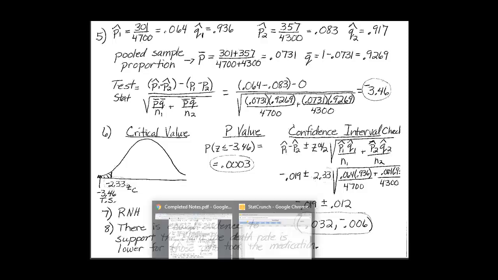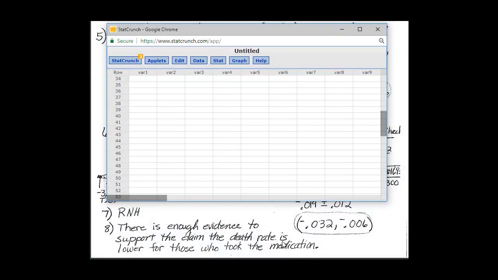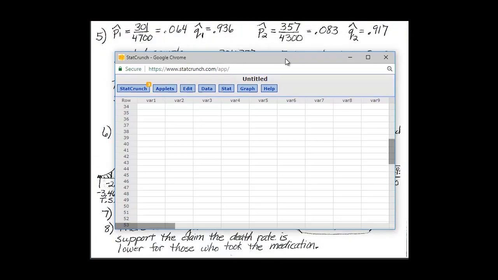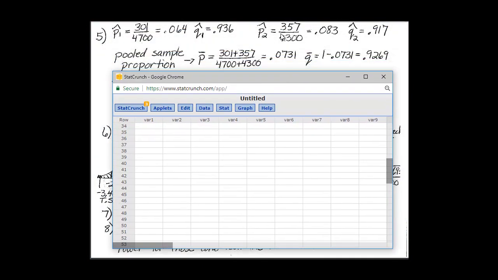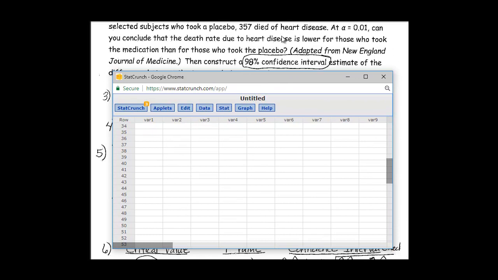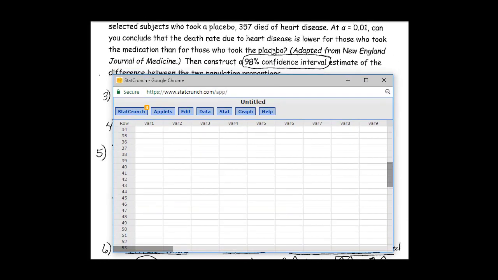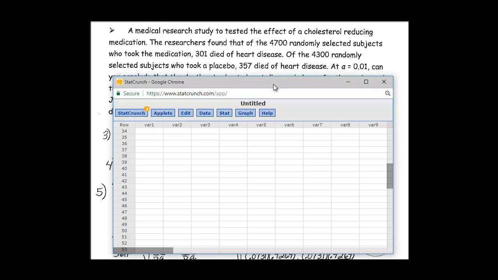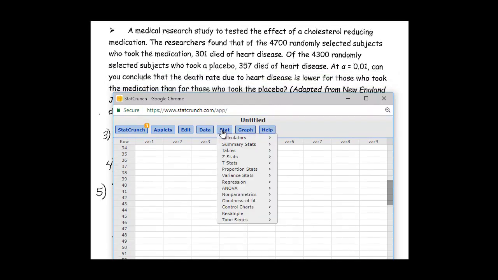Okay, I know you want to do this on StatCrunch, so we're going to open up StatCrunch. I'm going to move this down here. I need to make sure that we can get all the information here. Okay, we're going to go into stats, down to proportion statistics. We are doing a 2-sample with summary.